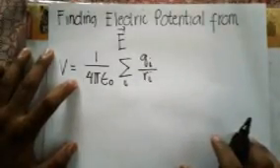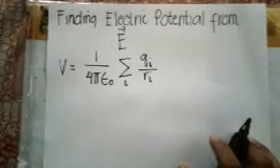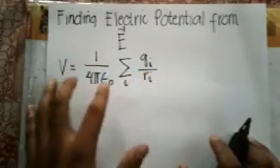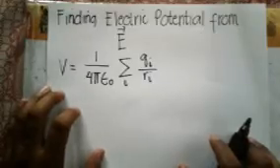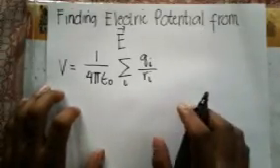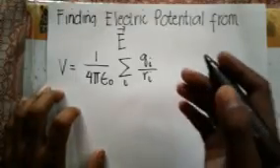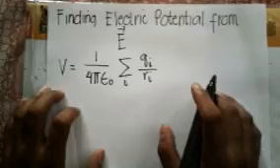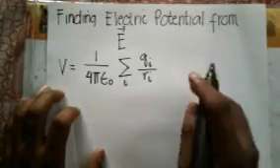To calculate the potential, this is the easiest way. But in some problems in which the electric field is known or can be found easily, it is easier to determine V, or potential, from the electric field.